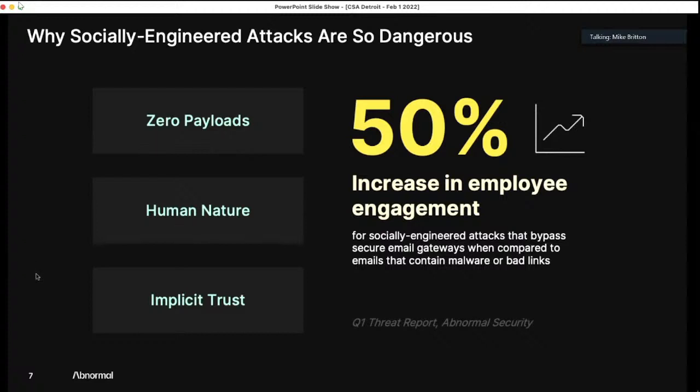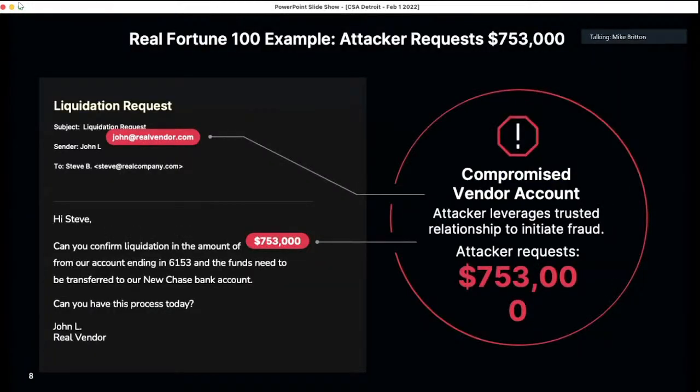Well, if I don't do business with that bank, I'm not going to fall for that. But what we're seeing in these situations is these are companies that organizations deal with, and so there's that implicit trust.